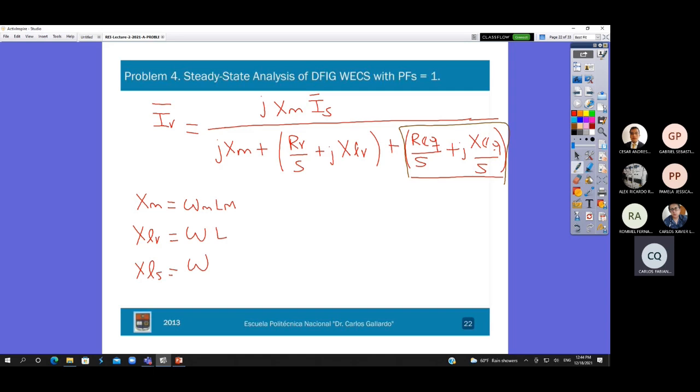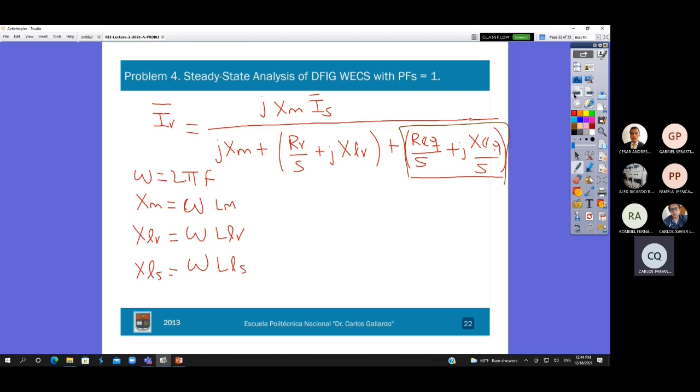So what is the value of this speed? By definition, it is 2 times pi times the frequency of operation.